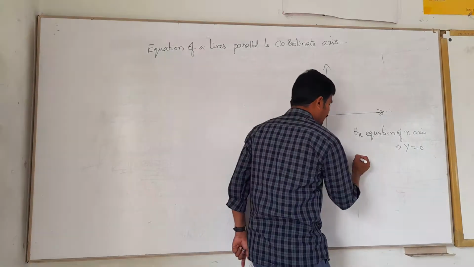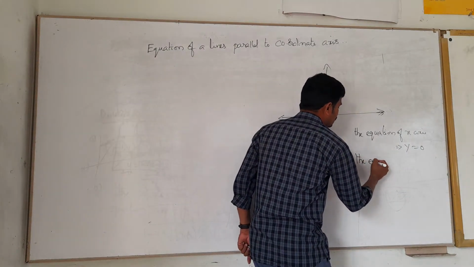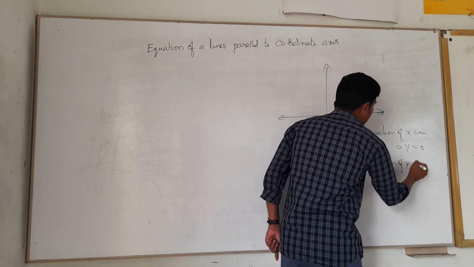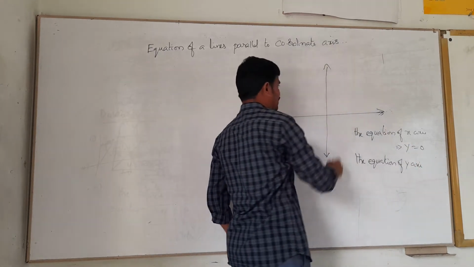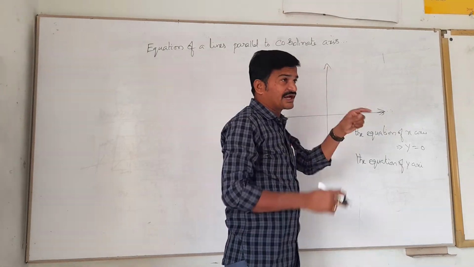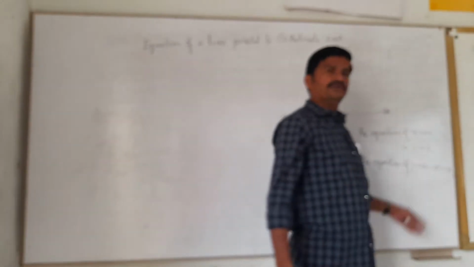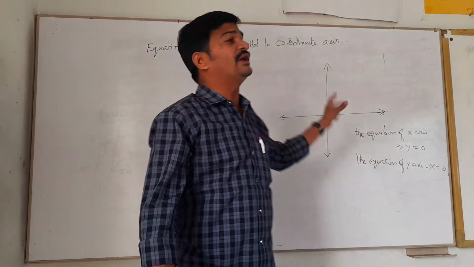Then what is the equation of y axis? On y axis, y coordinates are different, but the x coordinate is always 0 only. So x equals 0. Okay, these are the equations of the coordinate axes.